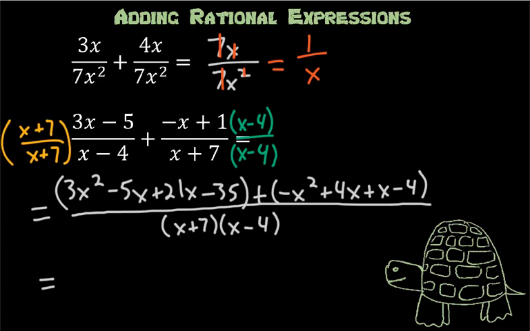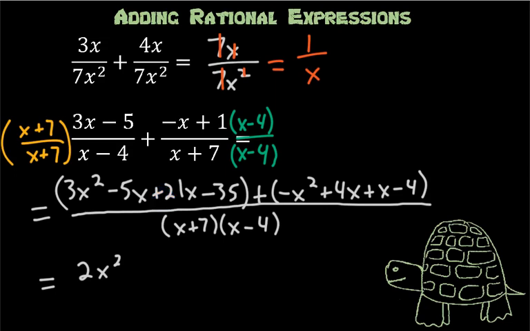Continuing on, we're going to take these two trinomials and add them together. So we have 3x squared plus a negative x squared is 2x squared. Negative 5x plus 21x is 16x. So I'm taking these and I'm combining those.